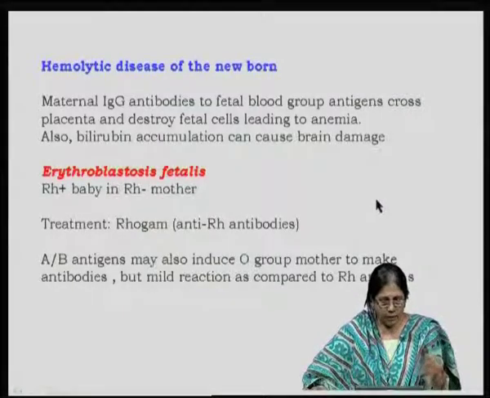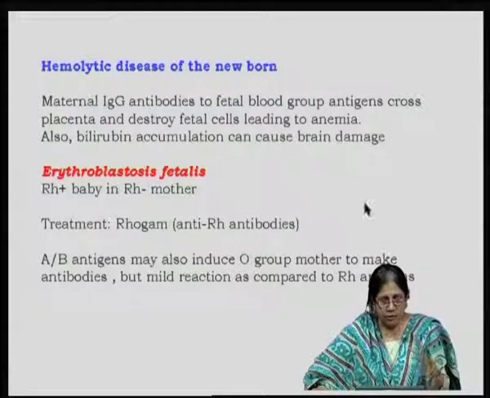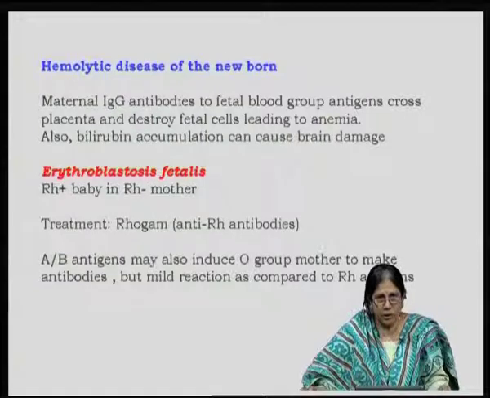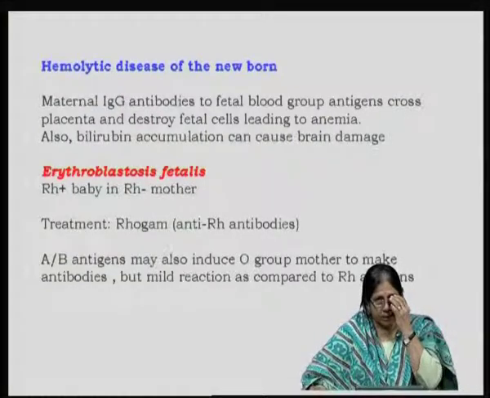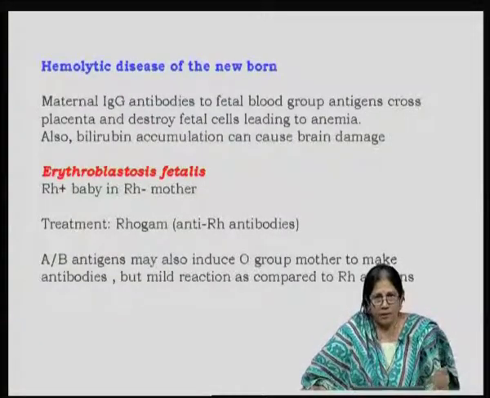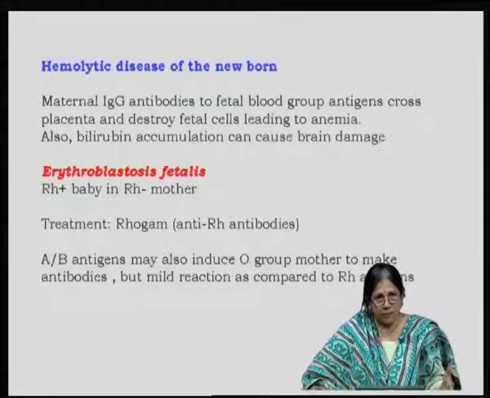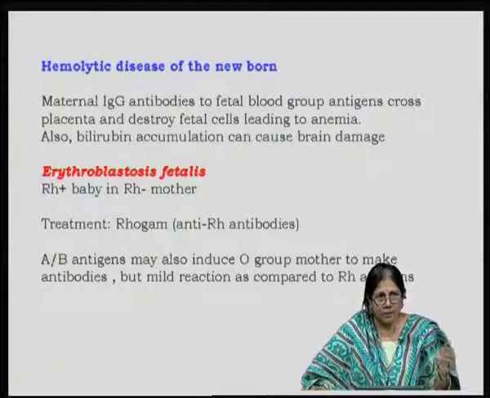Now, if one is talking about these Rh antibodies which are crossing the placenta, then there is a possibility that you can also have antibodies to the AB group individuals. Let us say for example, the mother is of the blood group B and she harbors an A group baby. Now, under normal circumstances we have these naturally occurring antibodies which are IgM, which would be naturally occurring because of, as I told you, triggering of the immune system of the person by way of bacterial antigens.